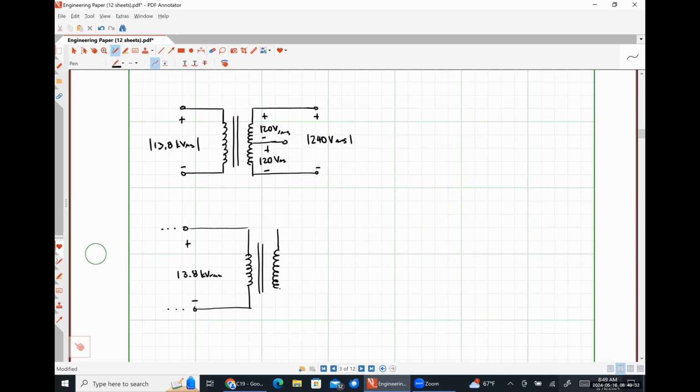And then over here on the secondary side, this is connected to a home. So here you would have positive 120, and here you would have negative 120, so that we have 240 total.